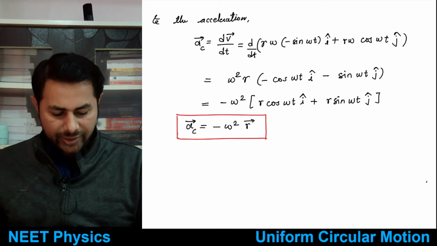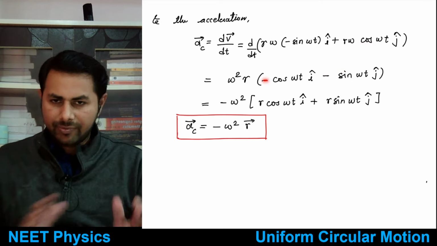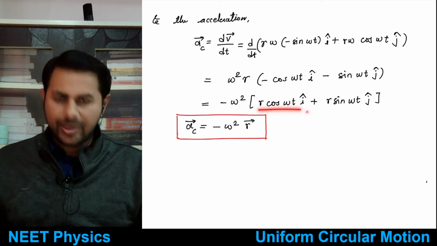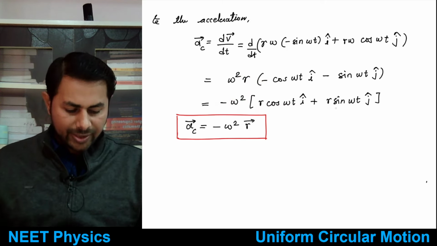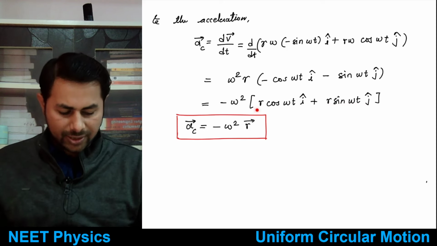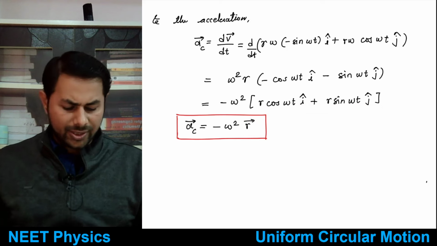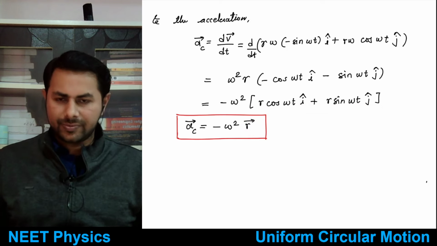So what is this thing? If you take minus outside and take r inside, it is minus omega square multiplied by r cos omega t into i cap plus r sin omega t into j cap, and this is nothing but your position vector r bar.